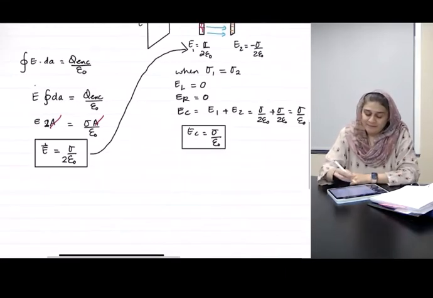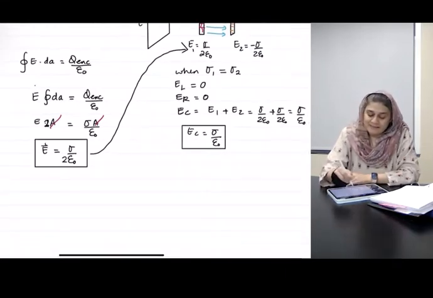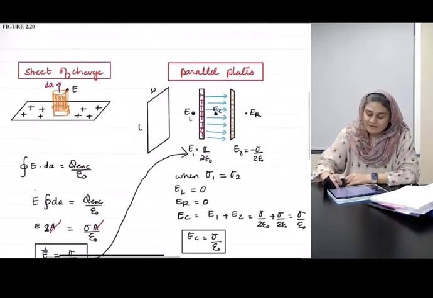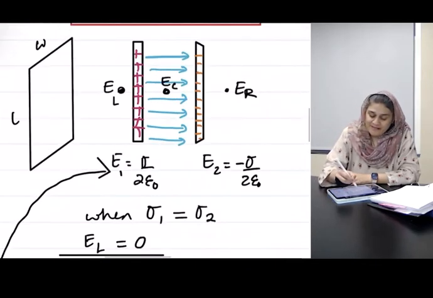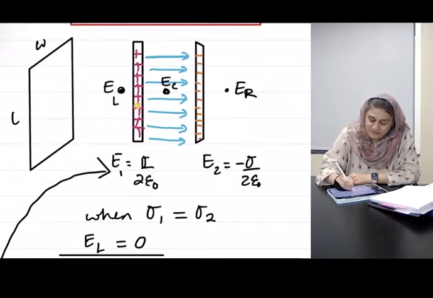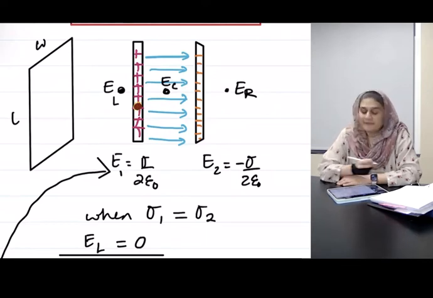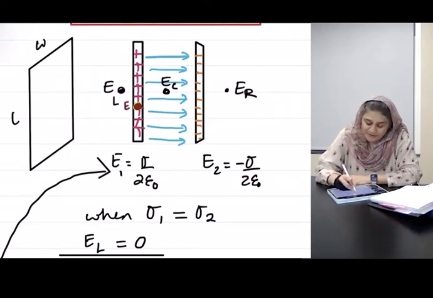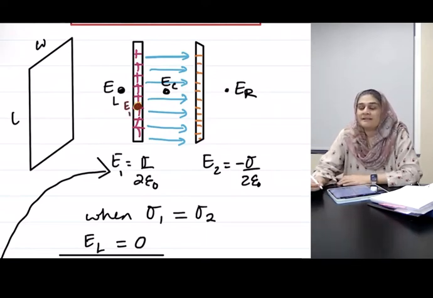And what is E inside? What if I asked you, what is the E field at this point, inside? Let me call it E1. What is the electric field inside the conductor?